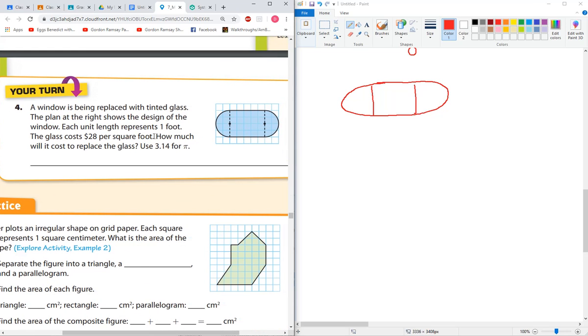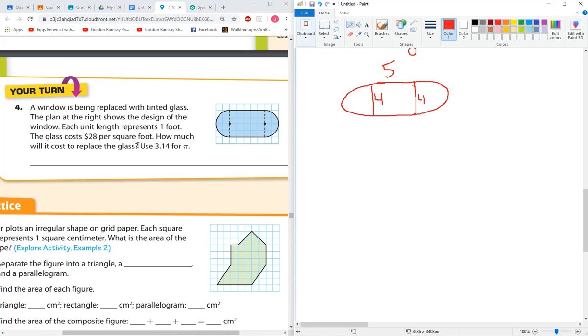And let's count how many they have. So I know that the height here is 1, 2, 3, 4. So I know that this length right here is 4. Same with the other side. That's the distance from top to bottom. Now let's do the length here. 1, 2, 3, 4, 5. So I know that the length is 5. Okay?